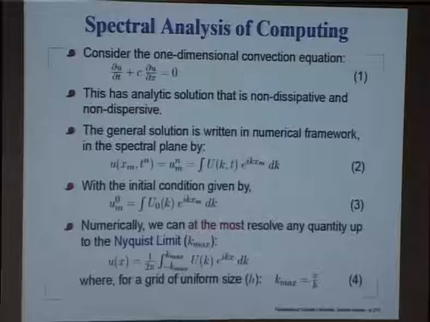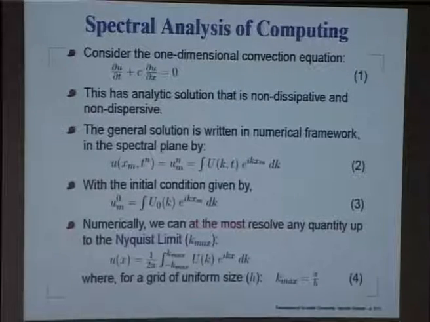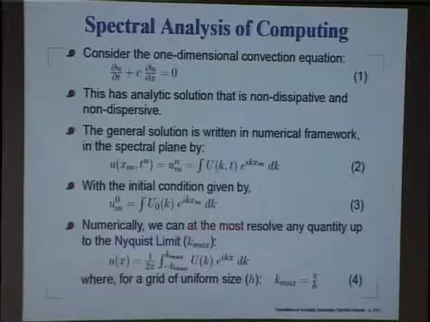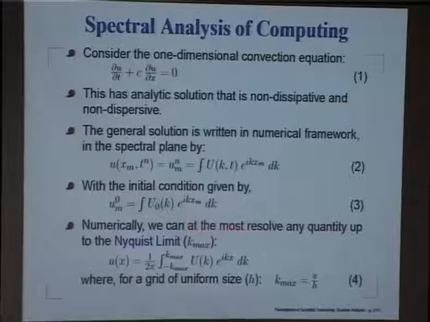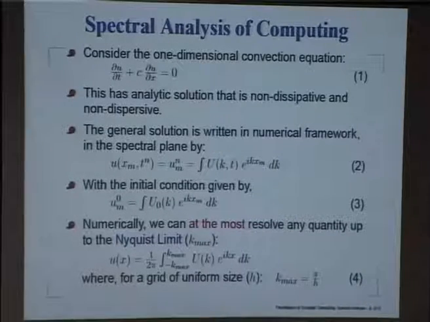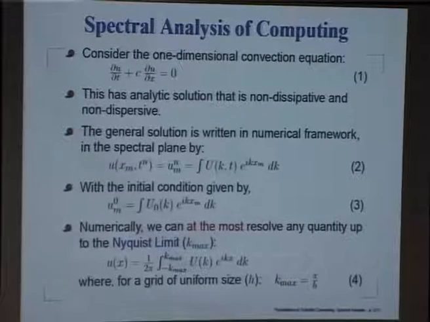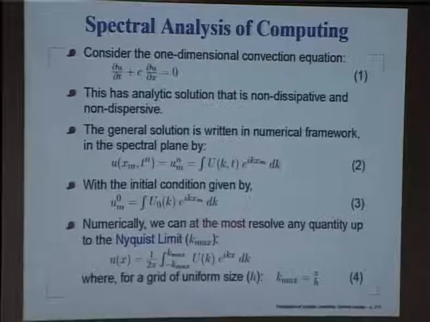This will be written like this: u subscript m superscript n. So, the subscript refers to space, superscript refers to time, and then what I would be doing, I would be writing that quantity in the k plane. Okay. This is your Fourier transform, right.